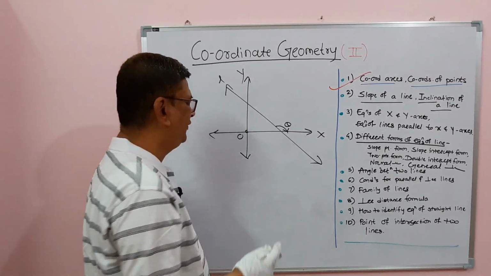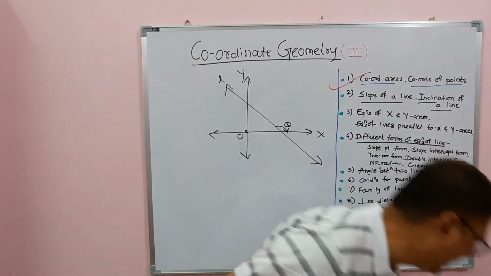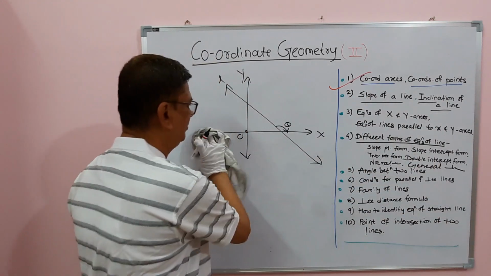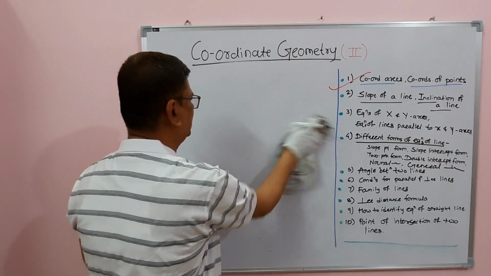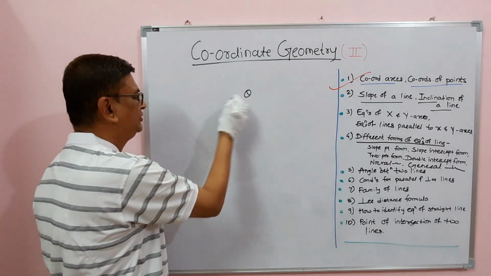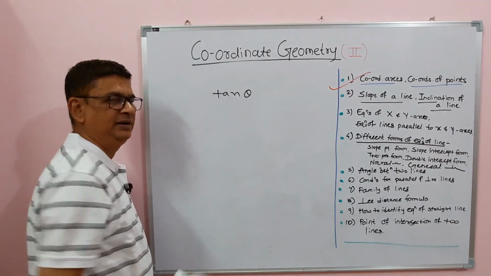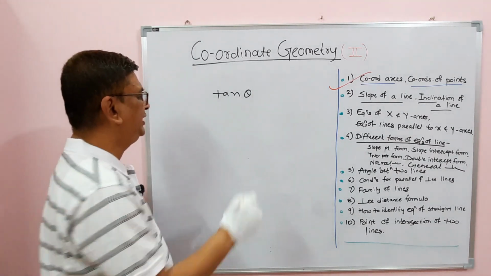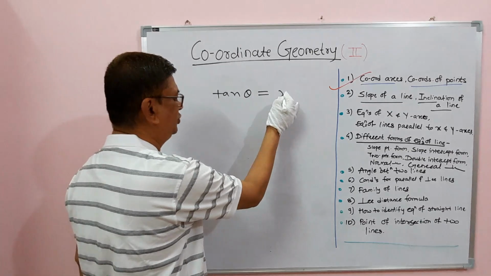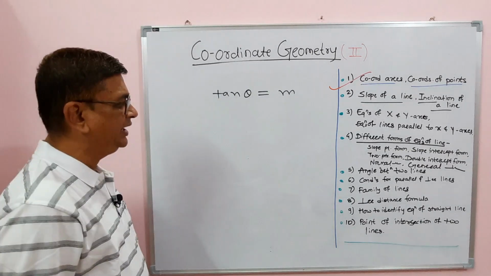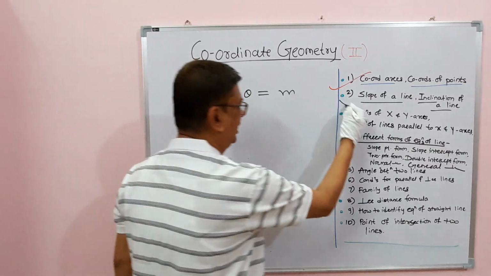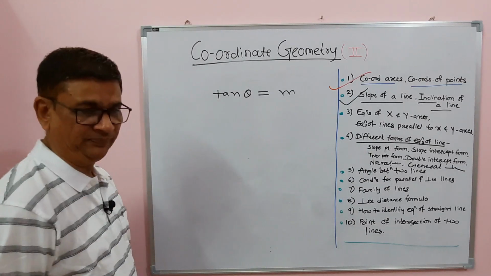Then the slope of a line is given by tan of theta, meaning any line with inclination theta has slope given by tan theta. Tan theta is called slope, denoted by m. There is one more formula for the slope of a line.